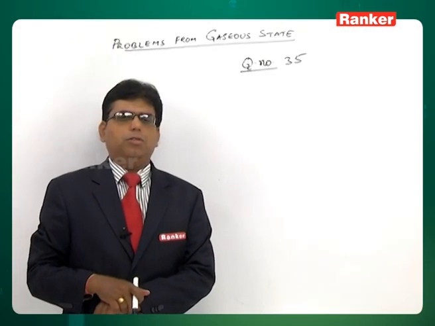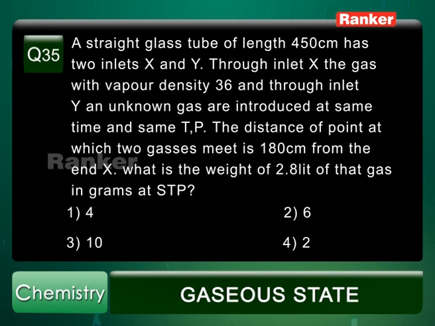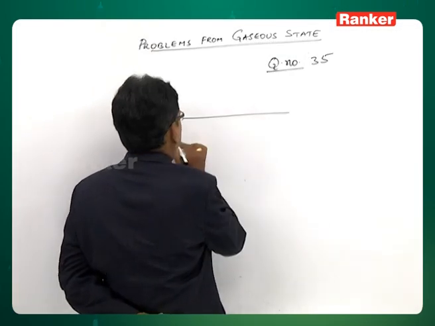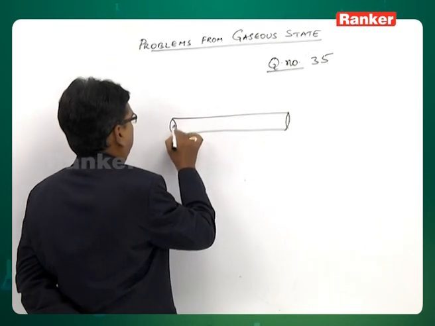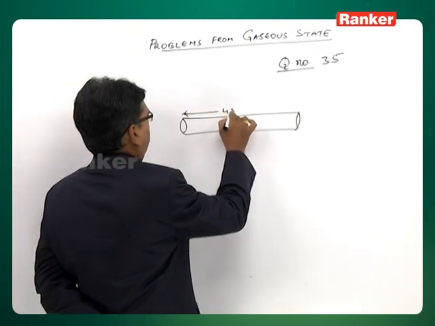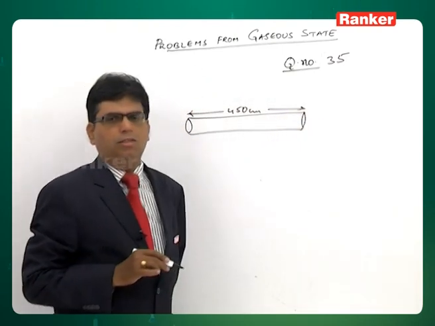Now, we go to question number 35. A straight glass tube of length 450 centimeter has 2 inlets X and Y. Once again it is similar to one of the previous questions that we did. The length of the tube is 450 centimeter.